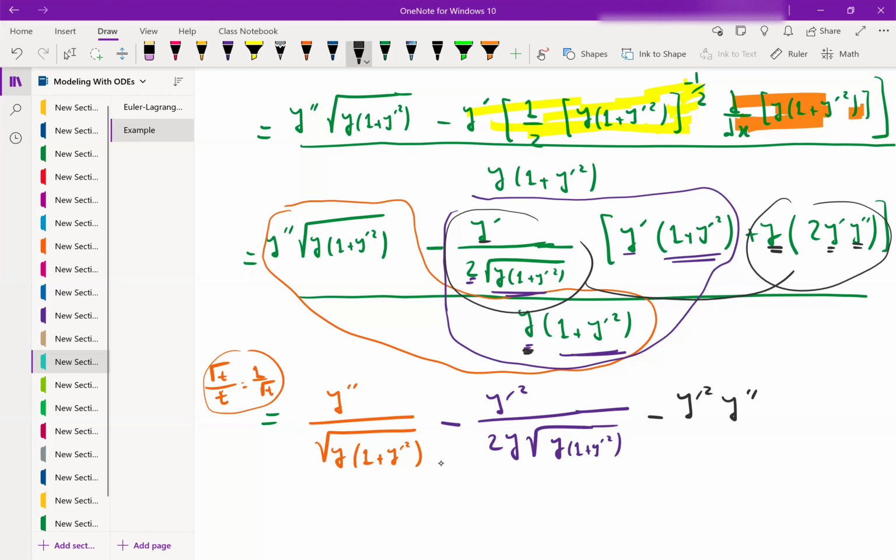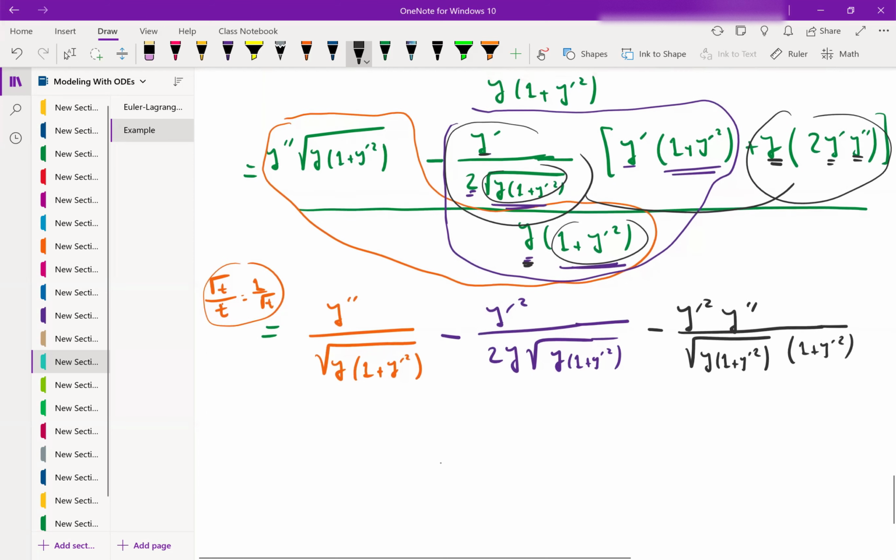So what remains is this square root part and this part in the denominator. So I will have a square root of y times 1 plus y prime squared, and then times 1 plus y prime squared. Okay, we are just simplifying the left-hand side of the Euler-Lagrange equation.